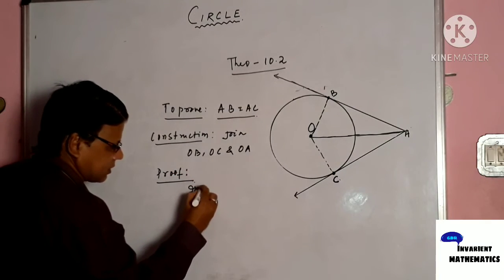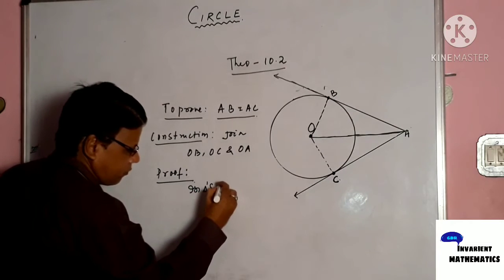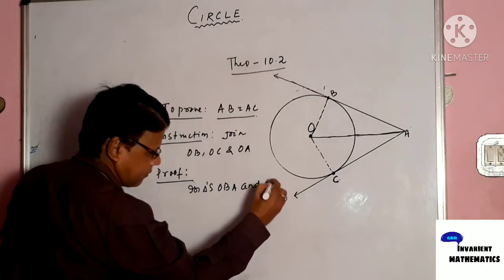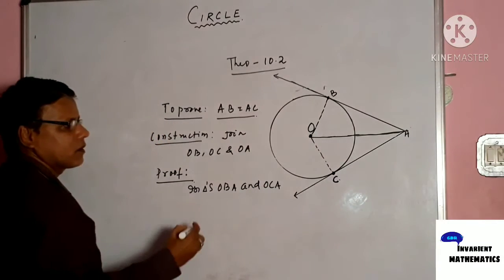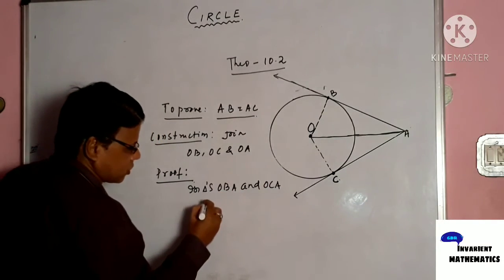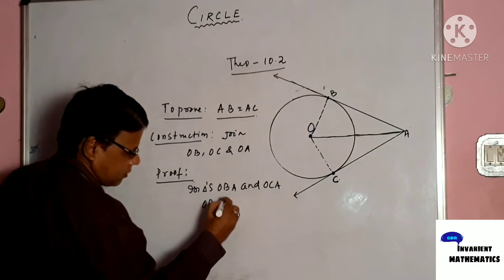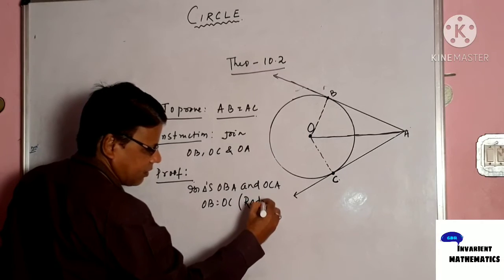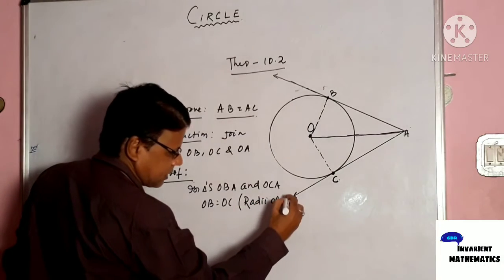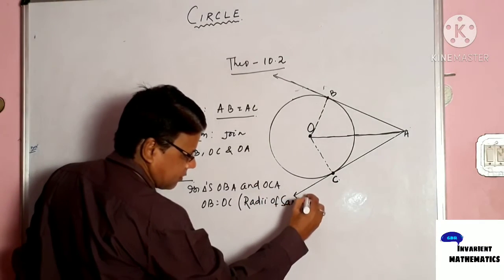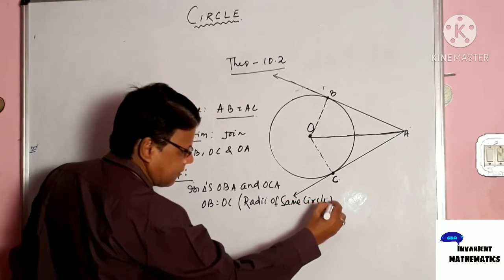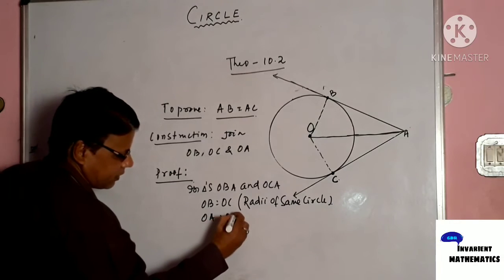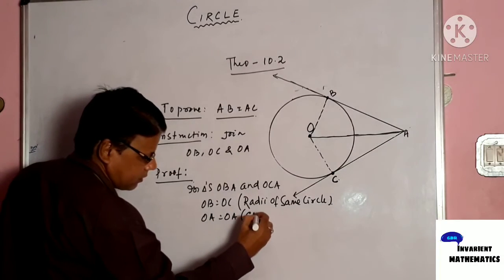In triangles OBA and OCA, OB is equal to OC. Why? Because these are radii of the same circle. Then OA is equal to OA, common.